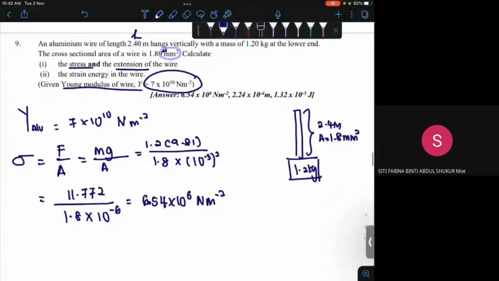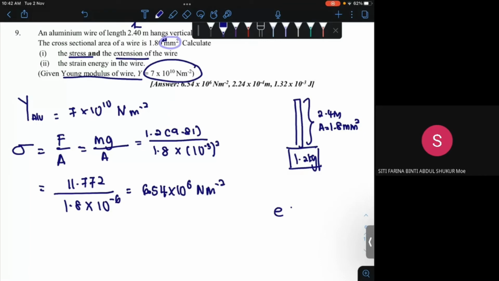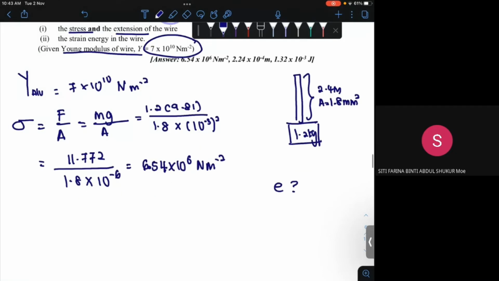And then dia minta extension. Soalan nak extension sekarang. Kita nak cari E. Okay, how do you find E dekat sini? Tak ada equation yang kaitkan E dengan Young modulus.